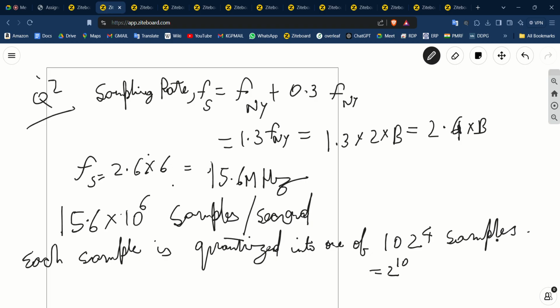This is not samples, this is levels: 1024 or 2 to the power 10 levels. So each sample is quantized into one of 1024 levels. To represent each level, we will need 10 bits, as it is 2 to the power 10. Each level needs a 10-bit representation.